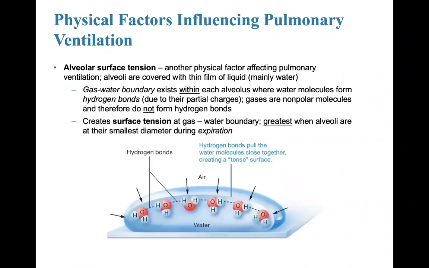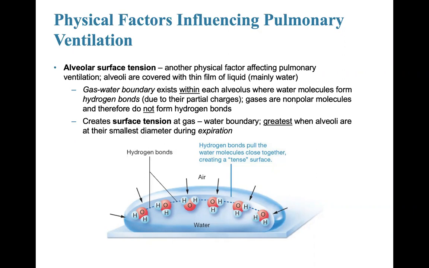The second thing is called alveolar surface tension. This is another factor that affects pulmonary ventilation. Alveoli are covered with a film of liquid, which is mainly composed of water. The gas-water boundary exists within each alveolus, where water molecules form hydrogen bonds due to their partial charges.